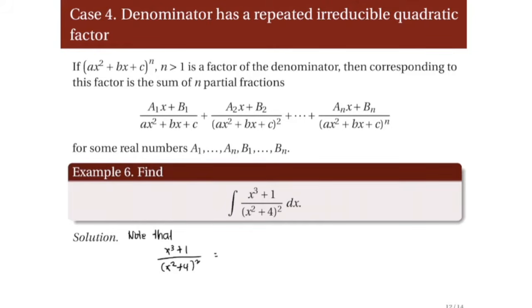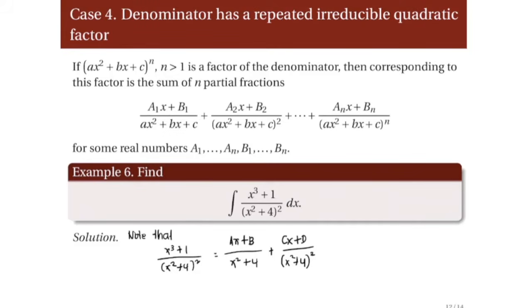Again, meron kang isang quadratic factor pero repeated. So you have one partial fraction corresponding to x squared plus 4 and another partial fraction corresponding to x squared plus 4 with denominator x squared plus 4 squared. Tapos yung numerator nila would be linear terms, ax plus b, and then you have here cx plus d.